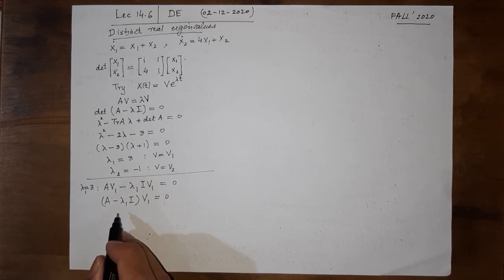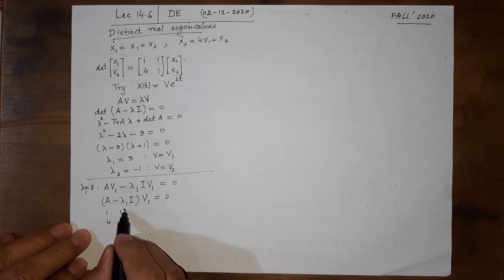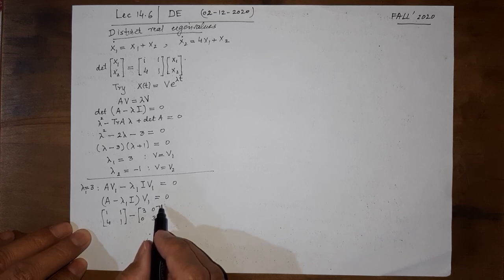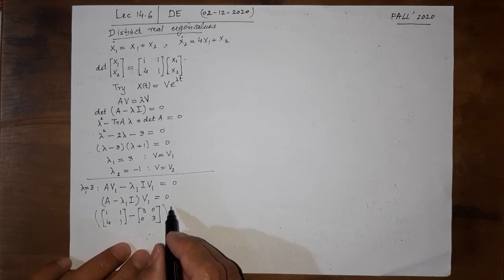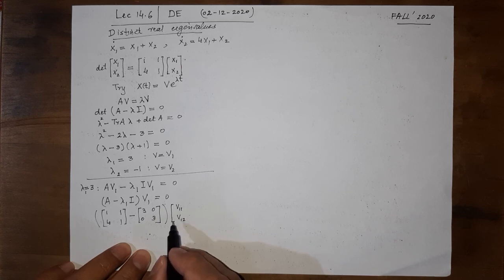Okay, and here A is 1, 1, 4, 1, and lambda 1 is 3, so we are going to get 3, 3 on the diagonal and 0, 0 elsewhere. We can do this in one step, we don't need to be this elaborate. So let us say this v1 vector has the first element of, say, v11 and the second v12.